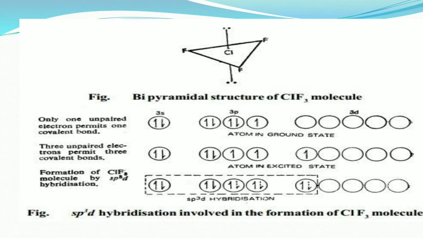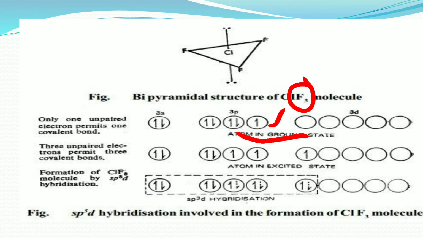This chlorine is bonded with 3 fluorine, so this orbital requires 3 unpaired electrons. Here only 1 unpaired electron is there, and that's why in an excited state 1 electron from the 3p orbital is excited to the d orbital, and there is a formation of the excited state.